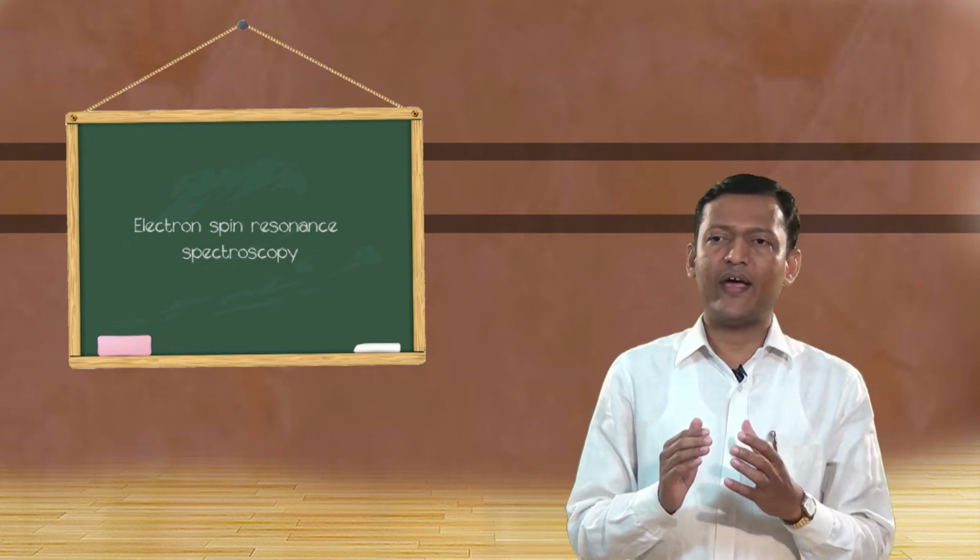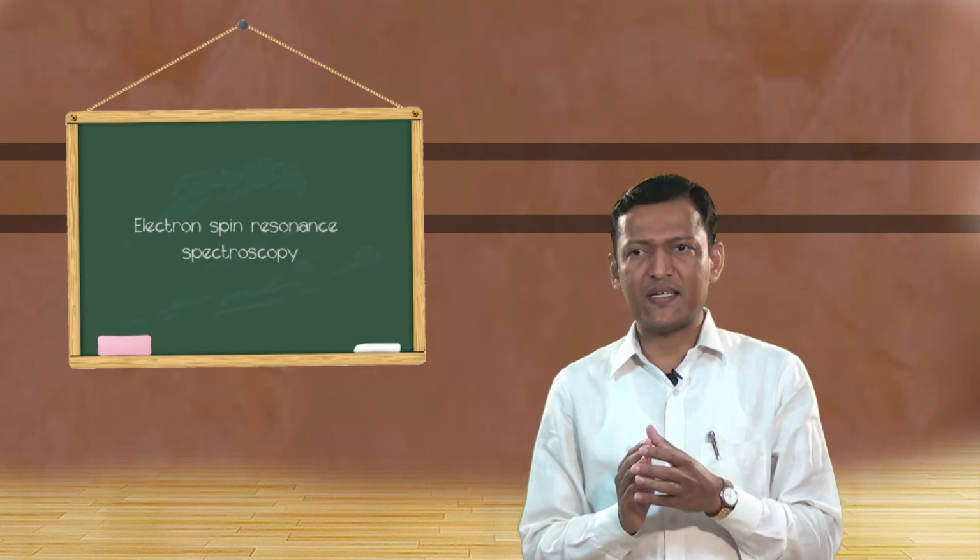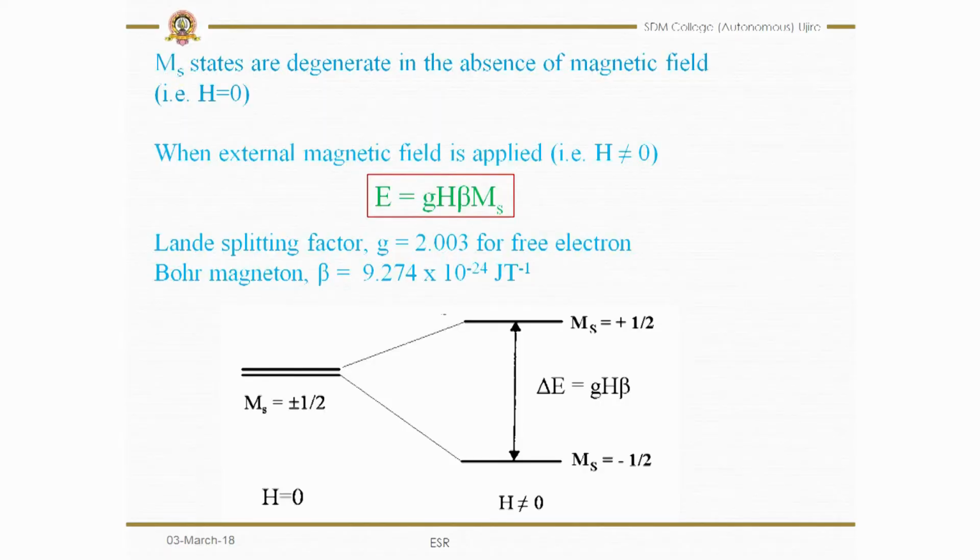So now when a free radical is placed in a magnetic field and is supplied with electromagnetic radiation, it absorbs the radiation which suits the energy difference between these two states, the one with ms value plus half and the other with ms value minus half.